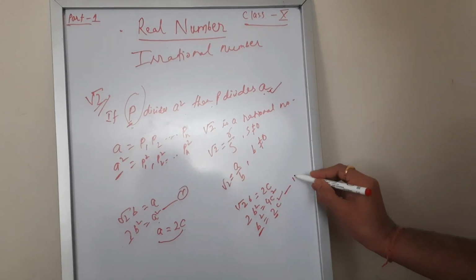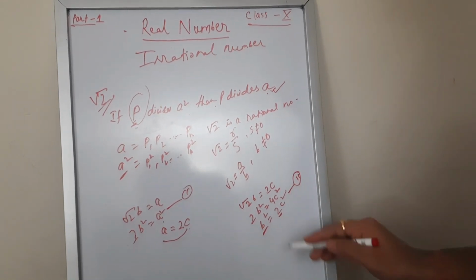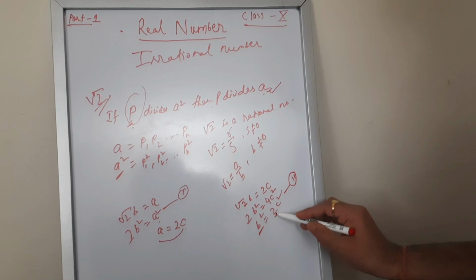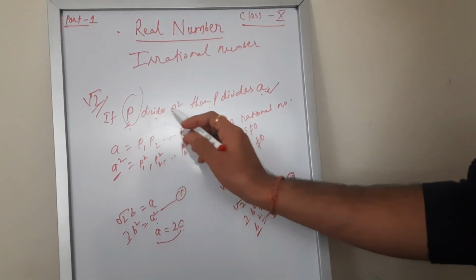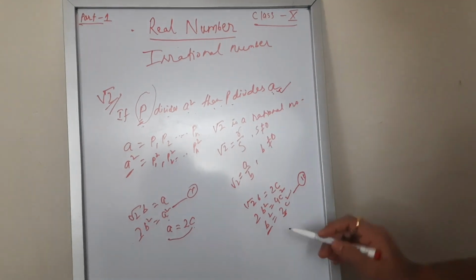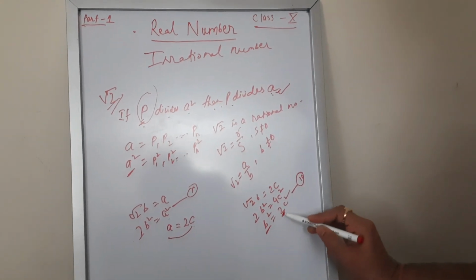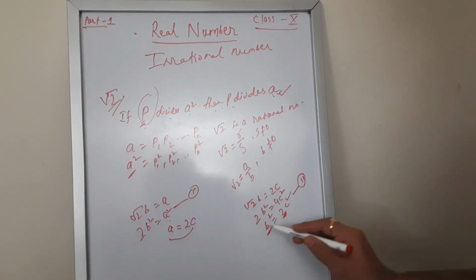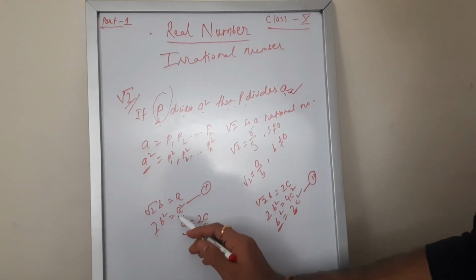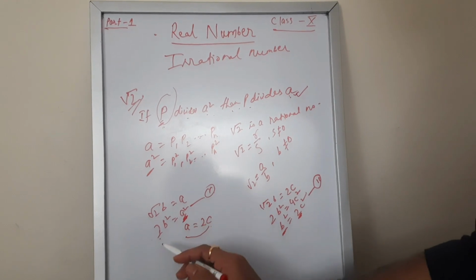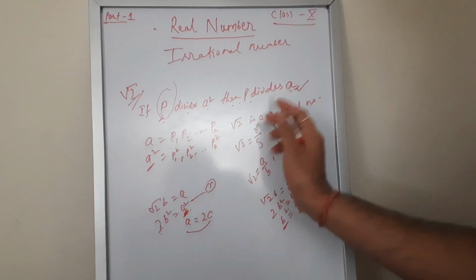Let's see this in the second equation. 2 divides b square. And just now we have learned that if p divides a square, then p divides a. It means if 2 divides b square, then 2 divides b. So see here, equation 1, 2 divides a. Okay, we are using this theorem.